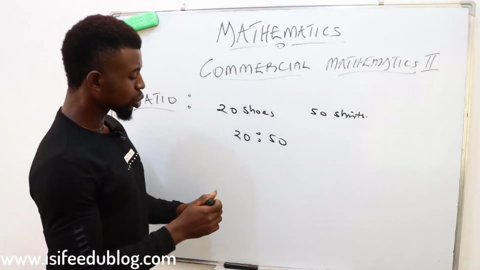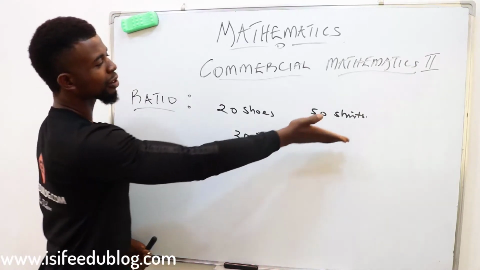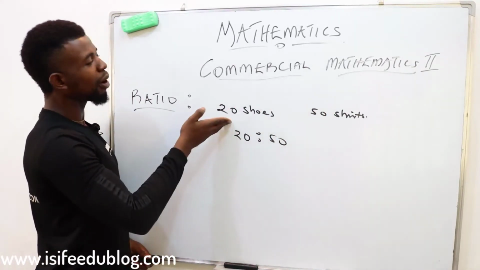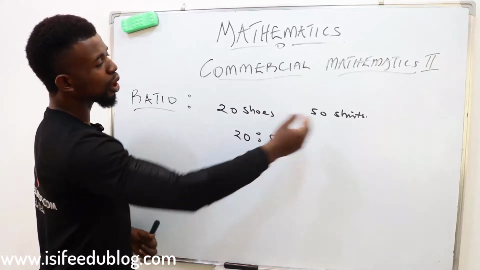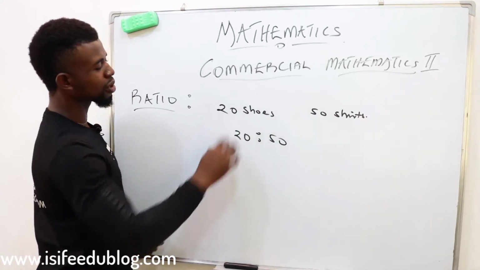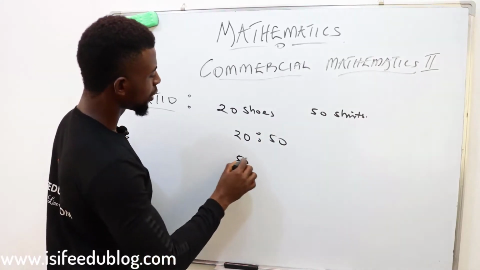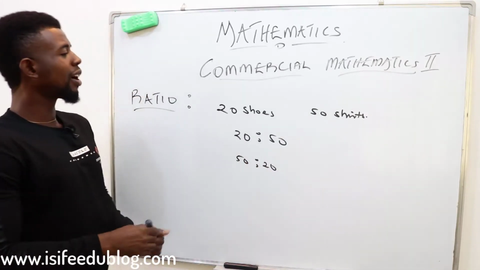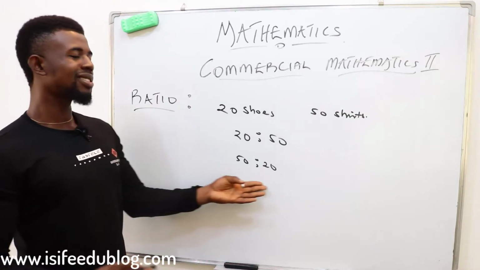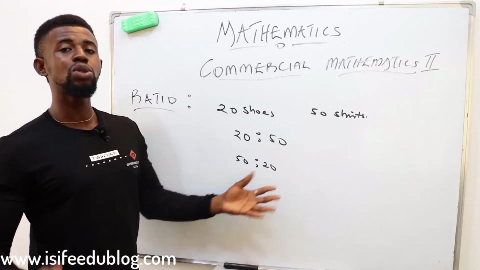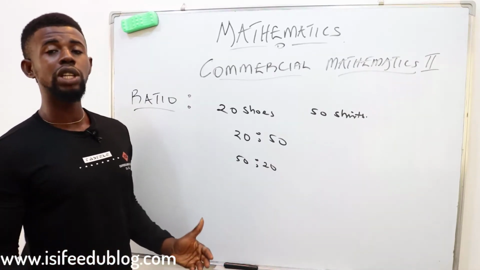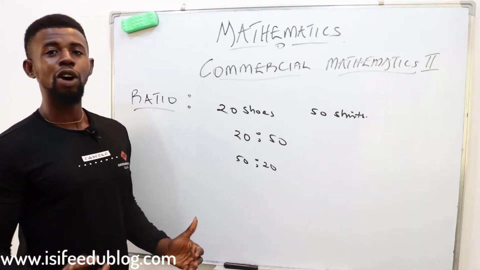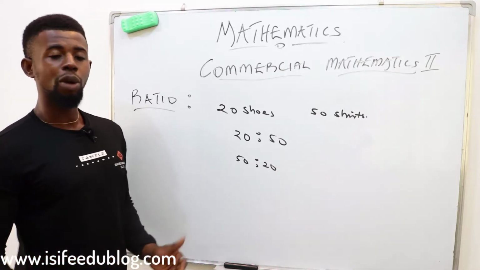Now if I want to show the relationship between the number of shirts I have to the number of shoes I have, it is the ratio of the number of my shirts to the number of shoes I have. So it will be 50 is to 20. So invariably, ratio is that mathematical expression used to indicate the relationship in size or in quantity between two or more commodities.